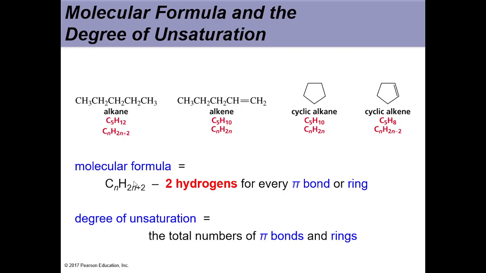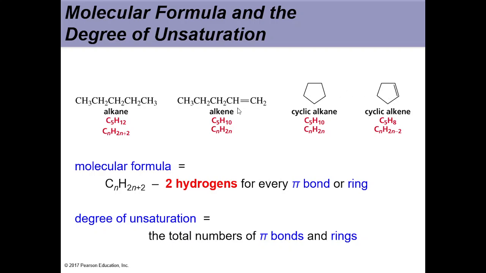When you have a completely saturated hydrocarbon, that is going to be the molecular formula of it, CnH2n+2. Like we said earlier, with any 1 pi bond or 1 double bond, you're missing 2 hydrogens. In other words, with every pi bond or ring, we're going to have 2 fewer hydrogens. Here we need to point out the similarity between the ring and the pi bond.